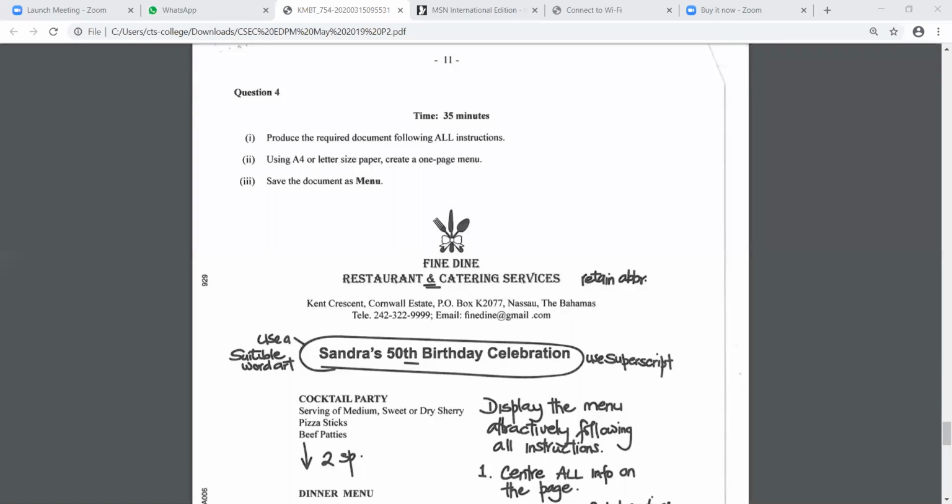Are we all okay with question 3, guys? You're sure, everybody? A show of hands, how many of us understand it? Are we all okay with it? Yeah. Very good. Good job.